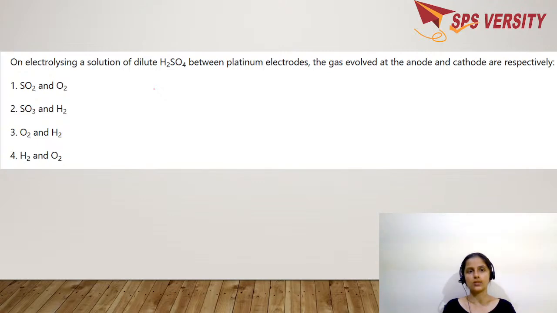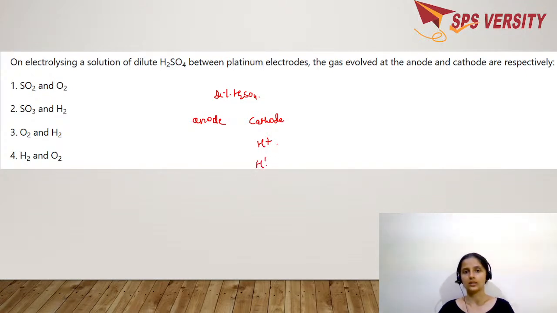On electrolyzing a solution of dilute sulfuric acid between platinum electrodes, the gases evolved at the electrodes are... You have the anode and the cathode and you have the dilute H2SO4. We know that the cation is H plus in both cases, in water and in the acid.